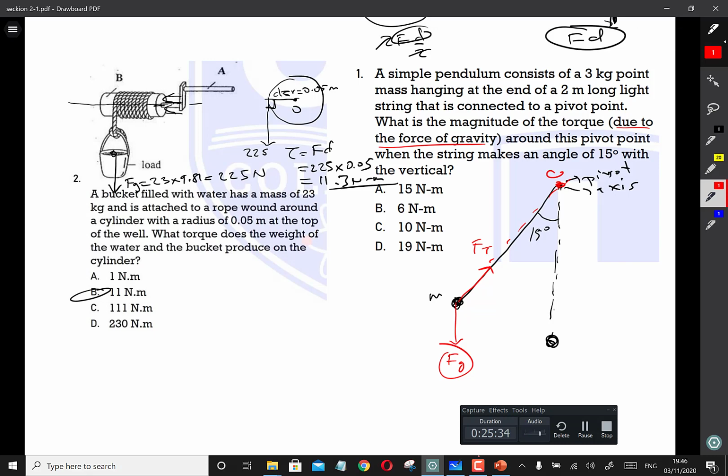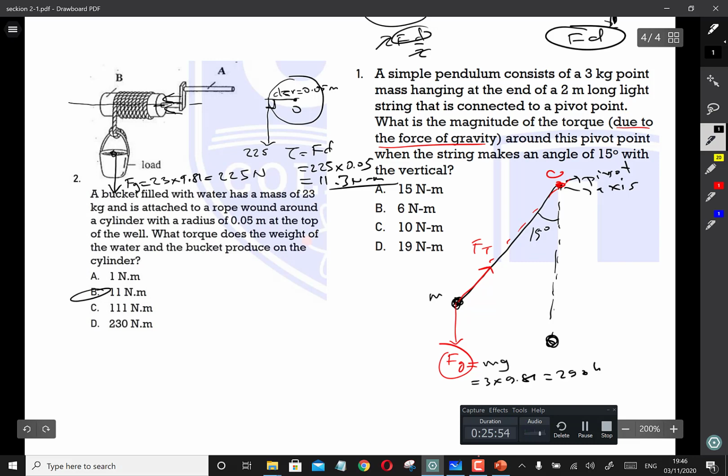And Fg must be calculated, so let's calculate it. Mass times gravity. Mass is 3 kg, gravity is 9.81. 3 multiplied by 9.81 is equal to 29.4 newtons. So we got the force.